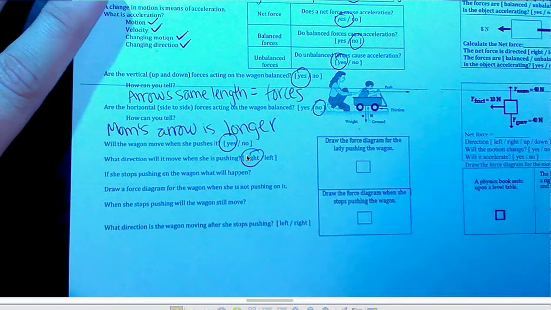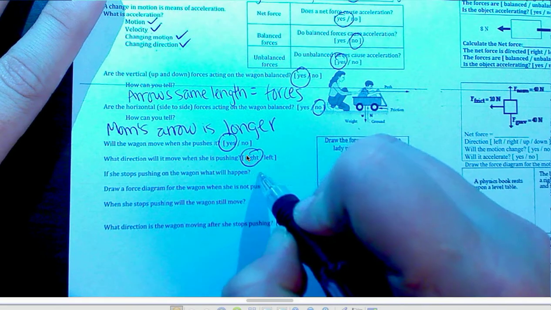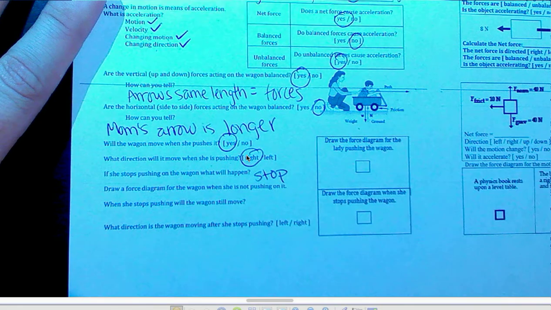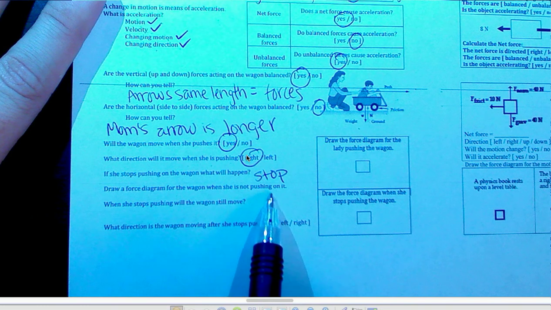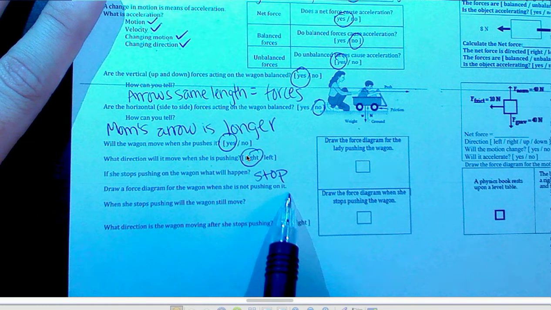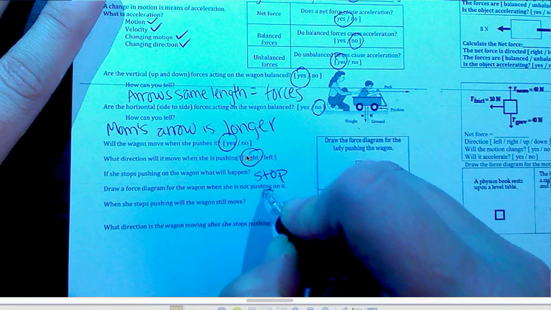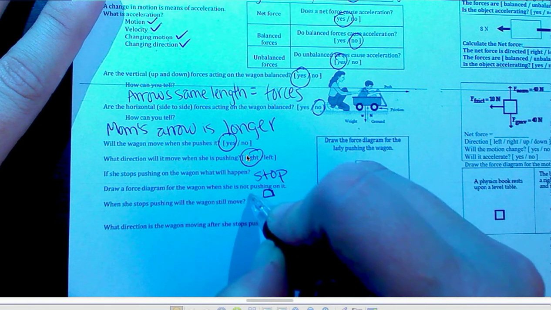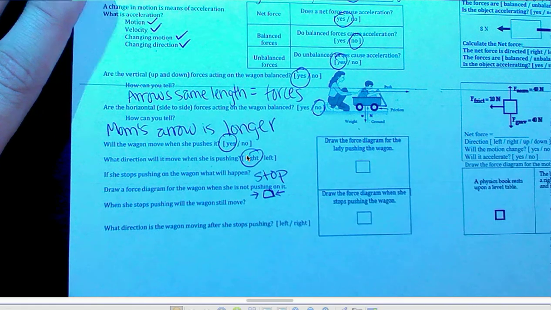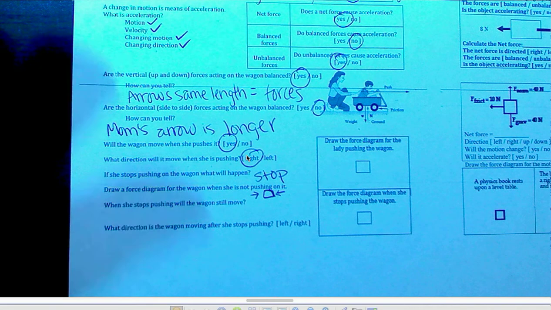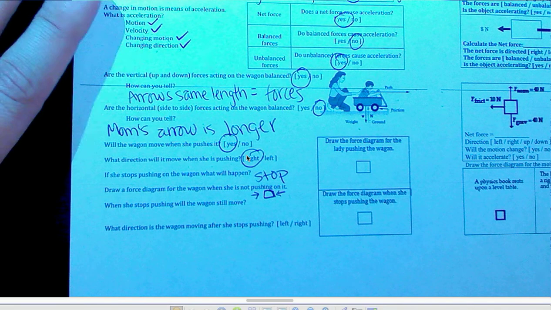If she stops pushing on the wagon, what will happen? Because of friction, and she's not overcoming friction, it will stop. It says draw a force diagram for the wagon when she is not pushing on it. So we would have our square, and our forces are equal. My arrows, if I could get them as long, equal length, means that they are balanced.